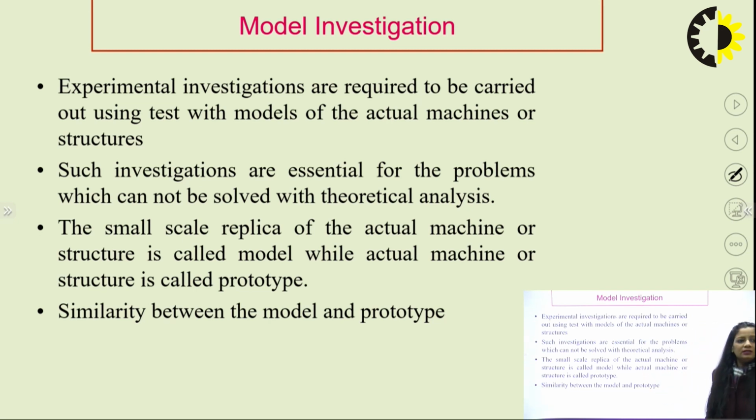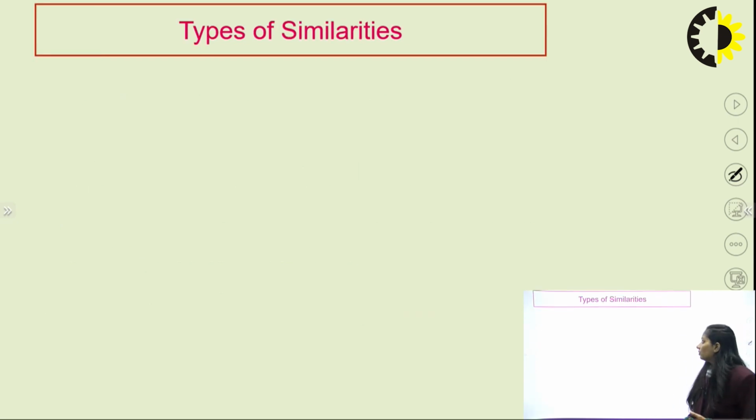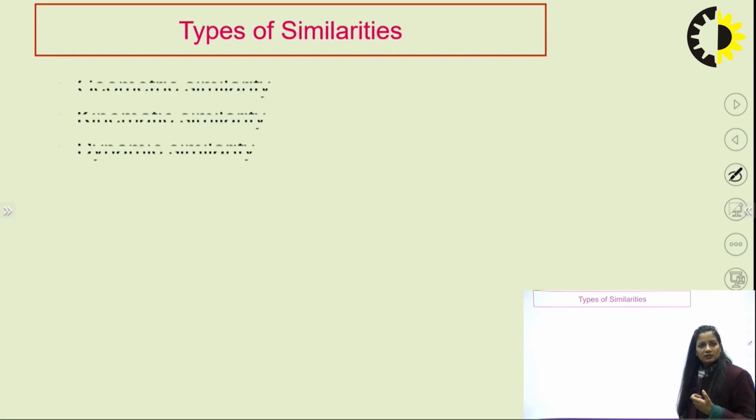The small scale replica of the actual project or structure is called the model, and the actual structure itself is called the prototype. We need to discuss what kind of similarity must exist between the two, so the types of similarities are to be discussed.